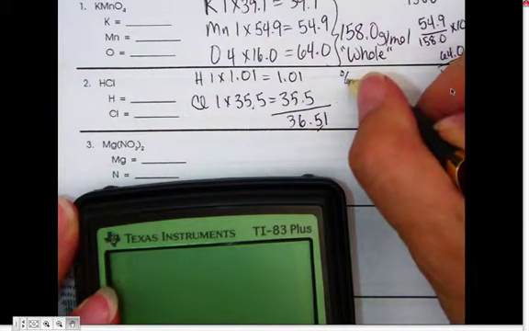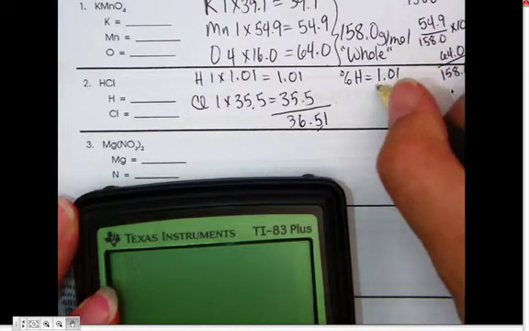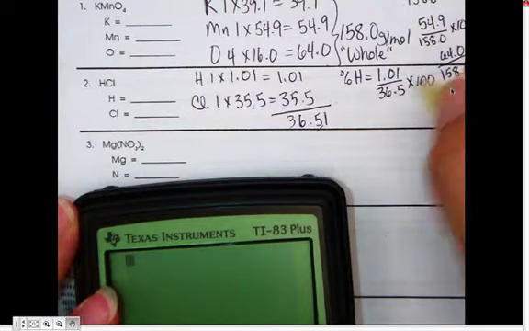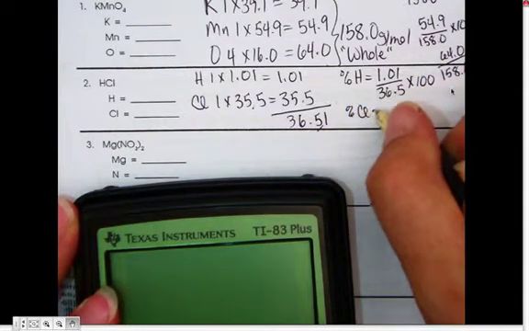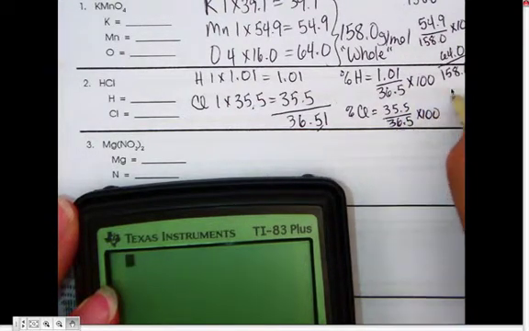The percent hydrogen is 1.01 out of 36.5 times 100, and the percent Cl is 35.5 out of 36.5 times 100.